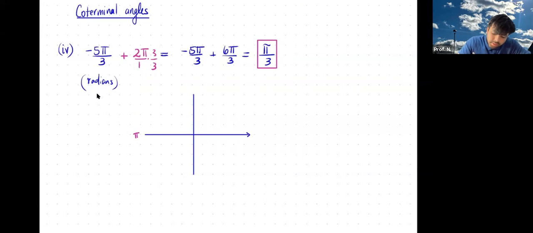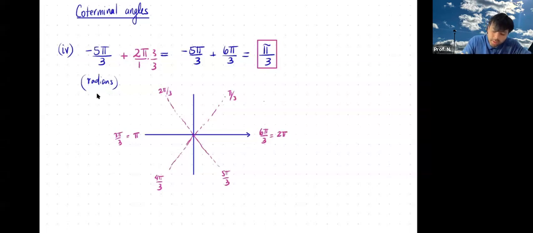It's like dividing this up into 3 equal parts. Something like this. So this is pi over 3. This is 2 pi over 3. This is 3 pi over 3. This is 4 pi over 3. And then this is 5 pi over 3. And this is 6 pi over 3 when you come back, which is 2 pi.